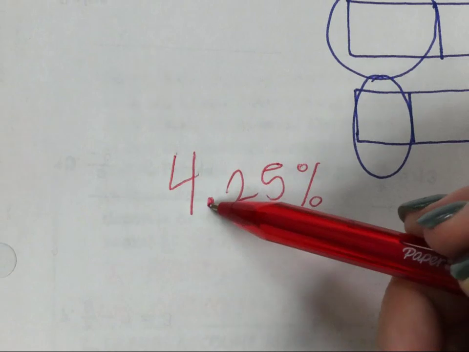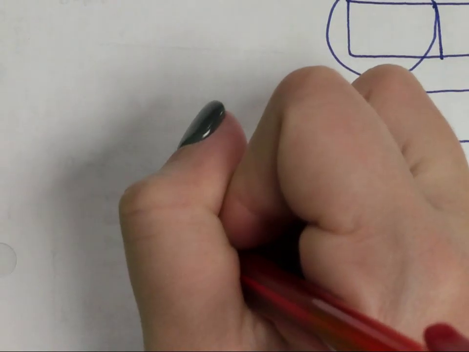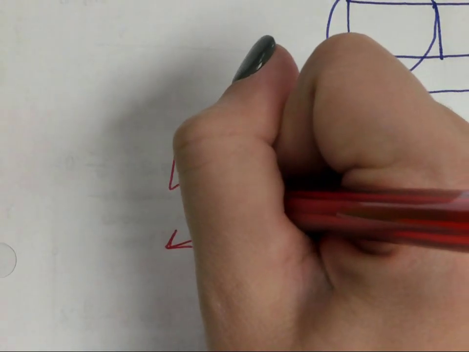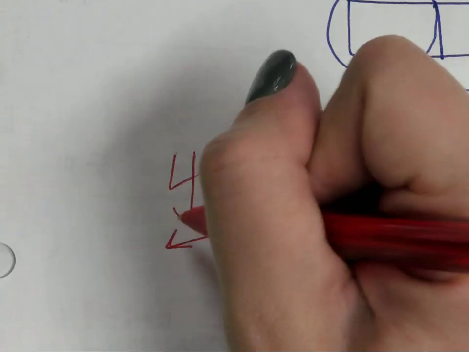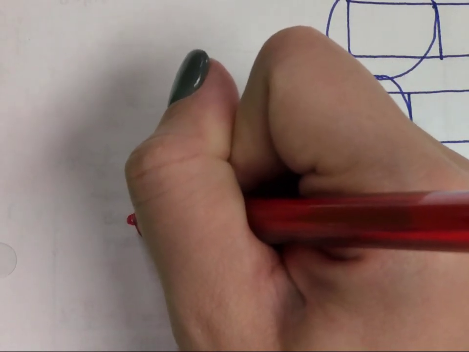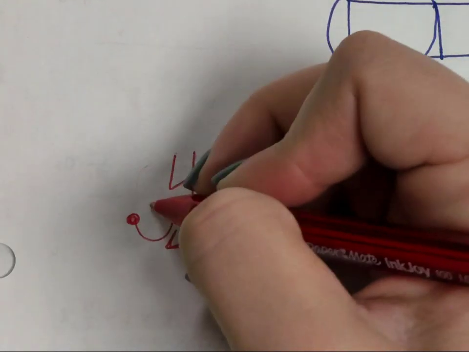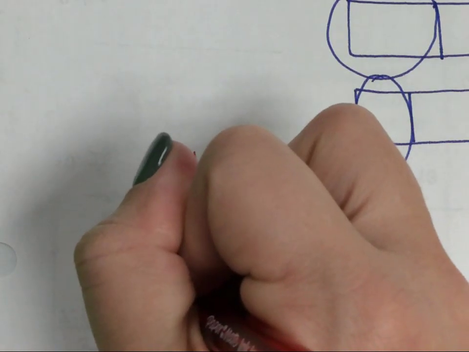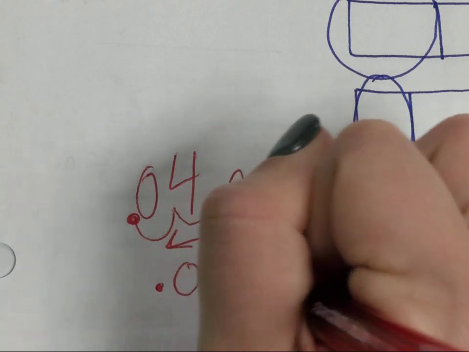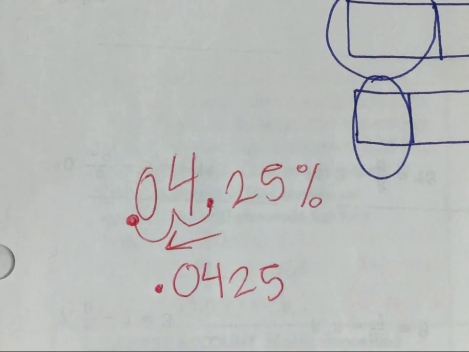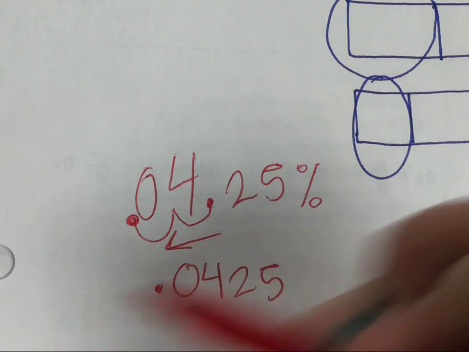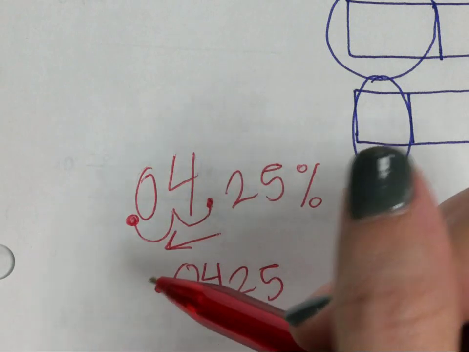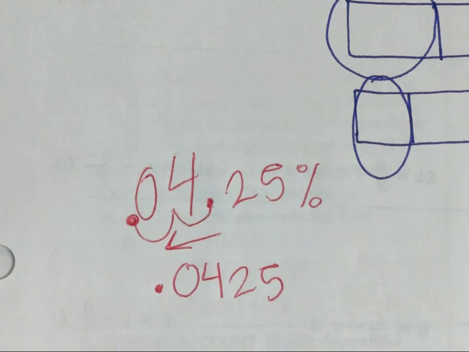So I have to move that decimal 2 places to the left. So this would be 1 place, and then 1 more would be right here. But I don't have a number here, so I have to add a 0 there. So that means it's 0.0425 as a decimal. To the left. You moved it to the right. Yes. Yes.